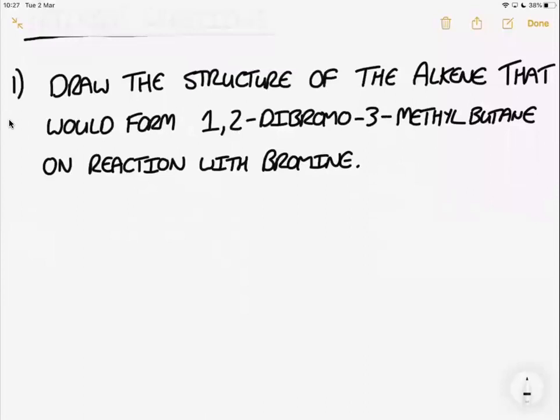1,2-dibromo-3-methylbutane. Again, if you weren't sure where to start, but now that I've said that, you think that's a good idea, why not pause the video and have a go? It's up to you. So we've got 4 carbon atoms because we've got butane. We also have a methyl group in position 3, and then bromine atoms in position 2 and 1.